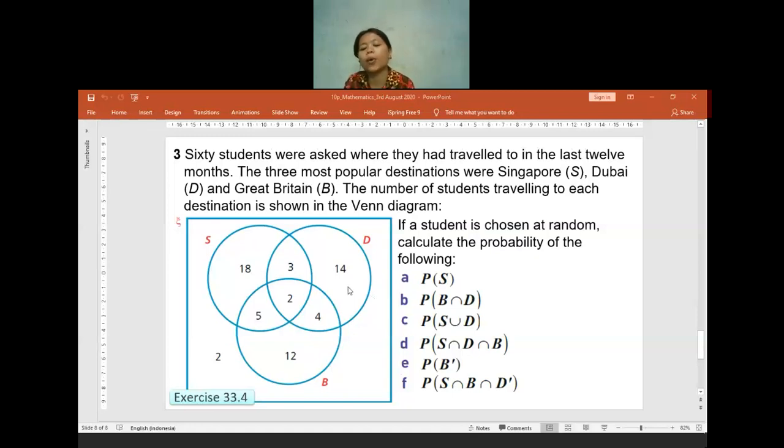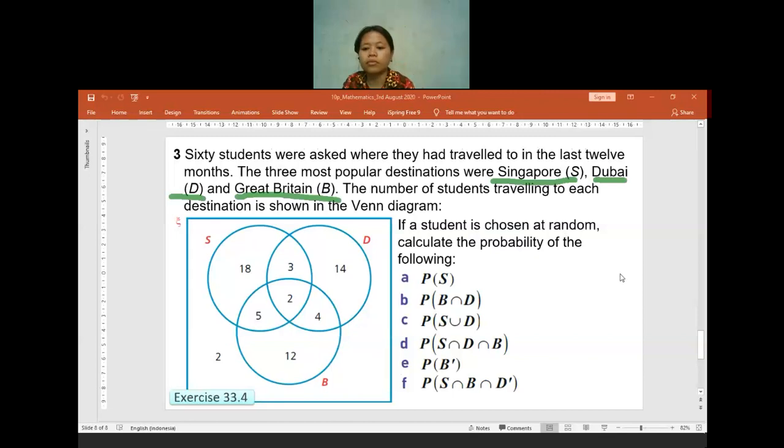For question A, probability of S. P is for probability, and S is for Singapore, D for Dubai, B for Great Britain. You have to read the question properly because it already mentions what S and B are.